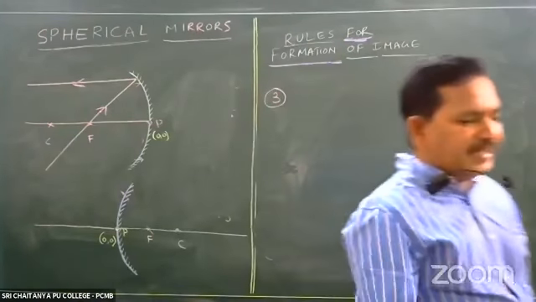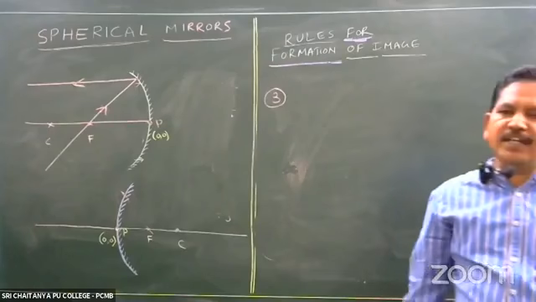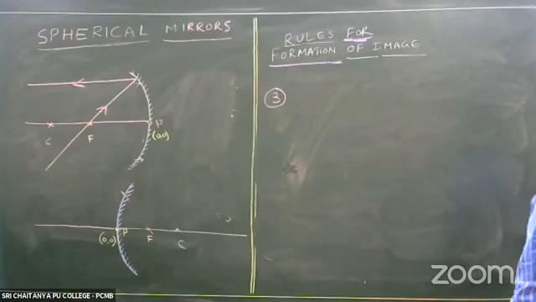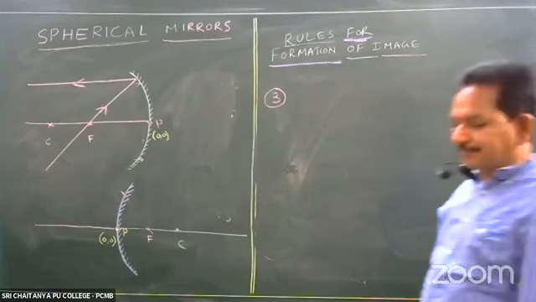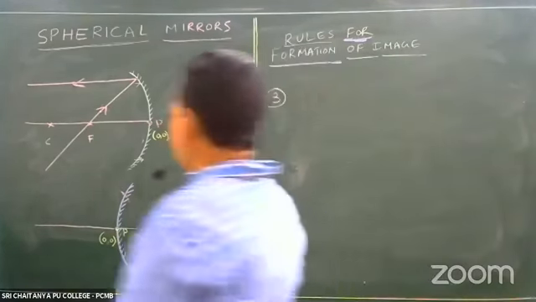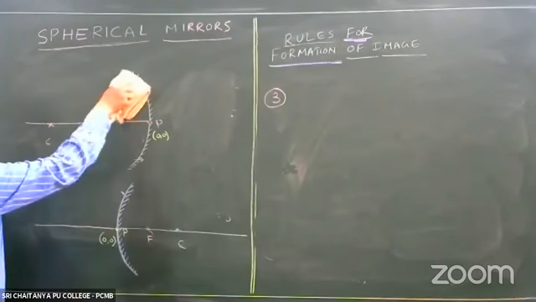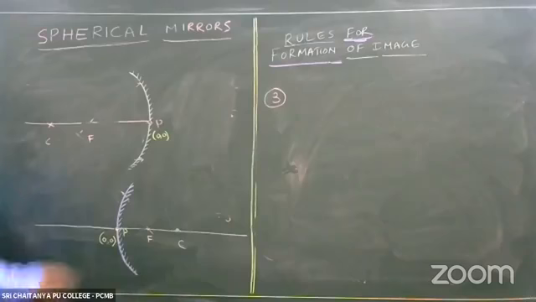If the light ray falls onto the concave mirror, passing through center, reflected back, retraces its path in the same direction. What I mean to tell? First, if we see the diagram, we'll have the clarity.